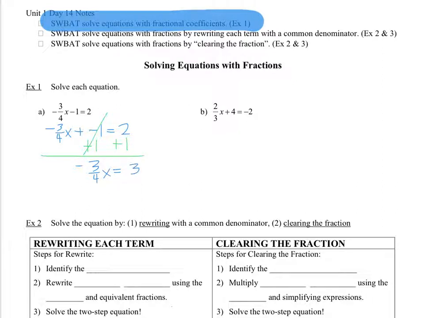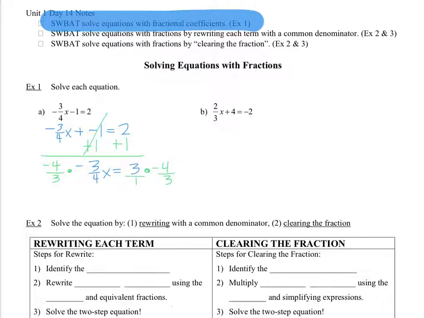Then if you recall from our previous equation solving, we need to eliminate the negative 3/4 to completely isolate the x. We can multiply both sides by the reciprocal, which is negative 4/3. You can write it 4/-3 or put the negative out front. The goal is to understand that we do need to multiply by that negative 4/3 overall.